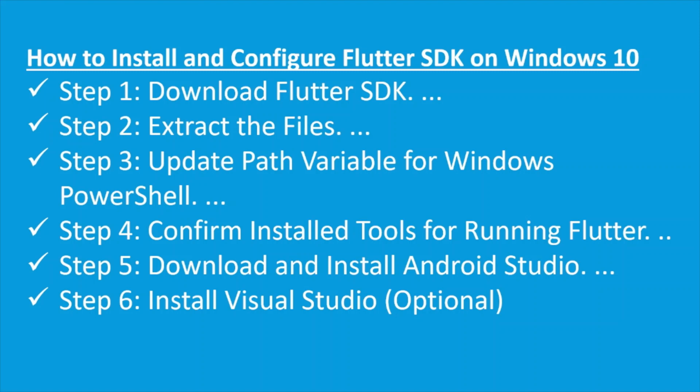In the user variables, we updated the path variable and added the Flutter SDK path, as well as the Dart SDK path. You can also use PowerShell, prompt, or terminal to update those path variables on Windows.